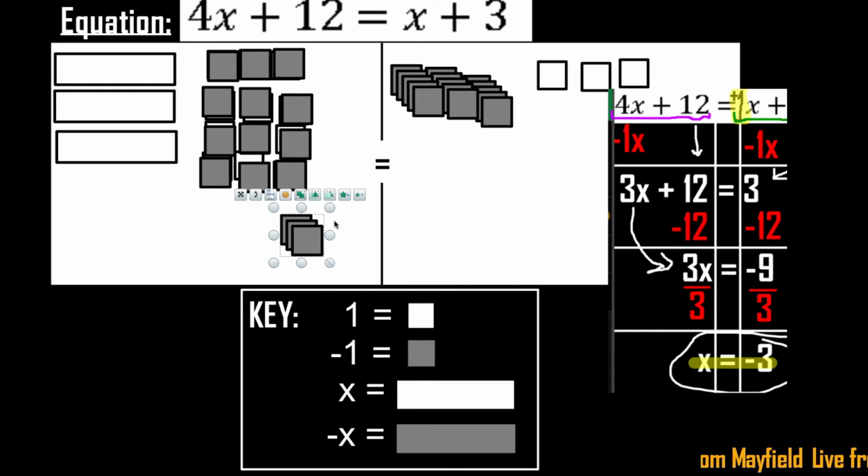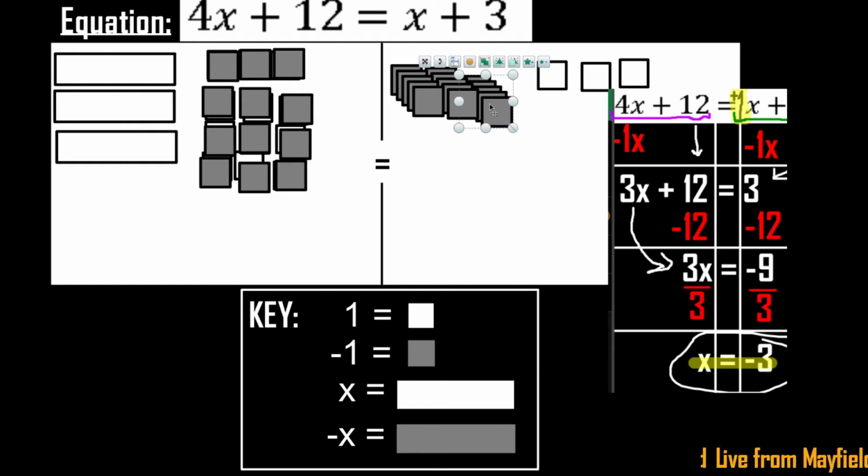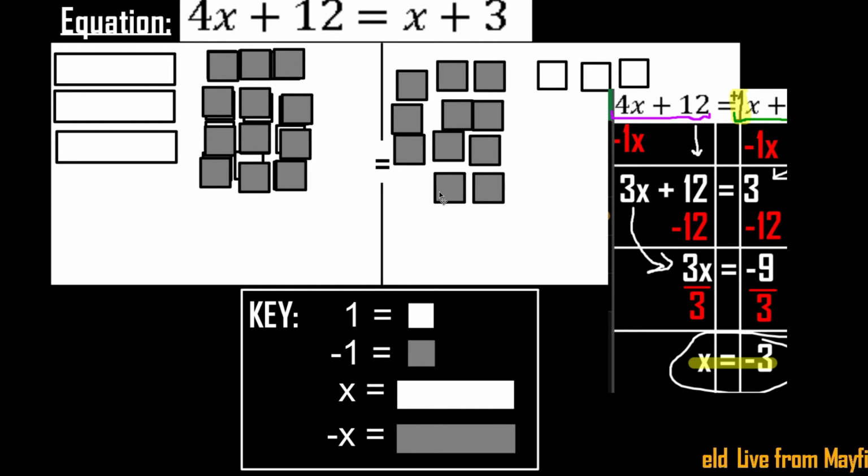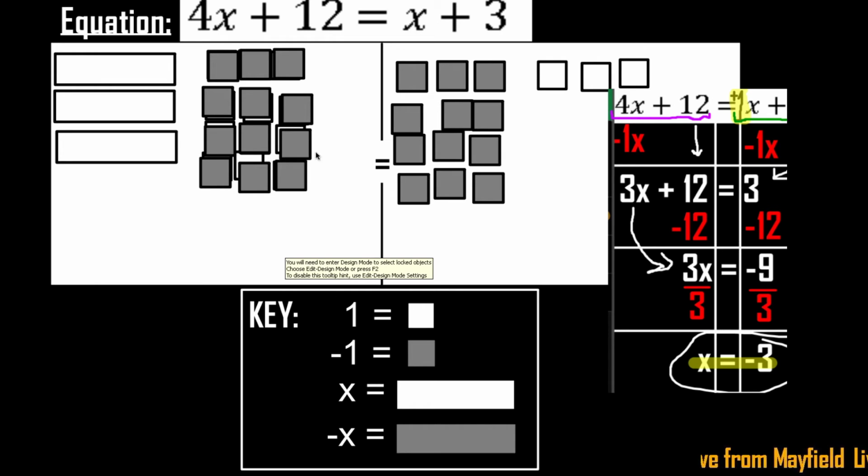I think I had 1 too many. So let's see, make sure I have 12. Which I believe I need 1 more. Okay. So, again, I make my 0 pairs.